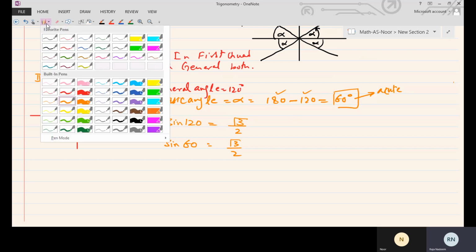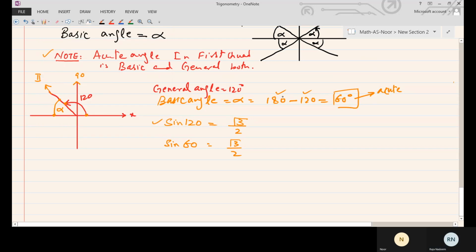Is it clear? Okay, I want you to check what is the value of cos of 120 and cos of 60. Do I have to turn it into radians because the calculator is in radian?